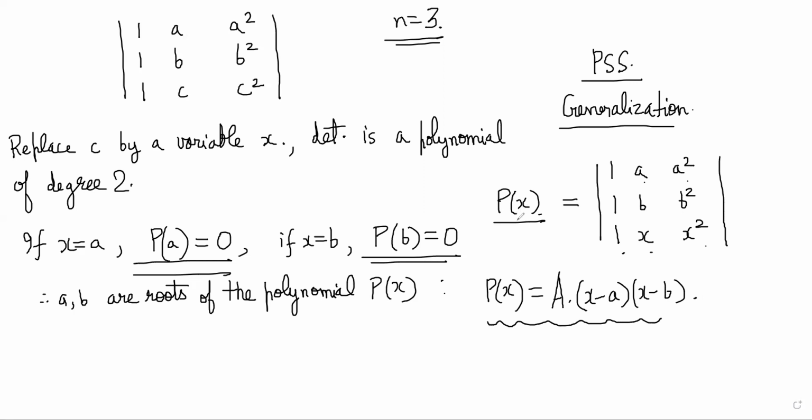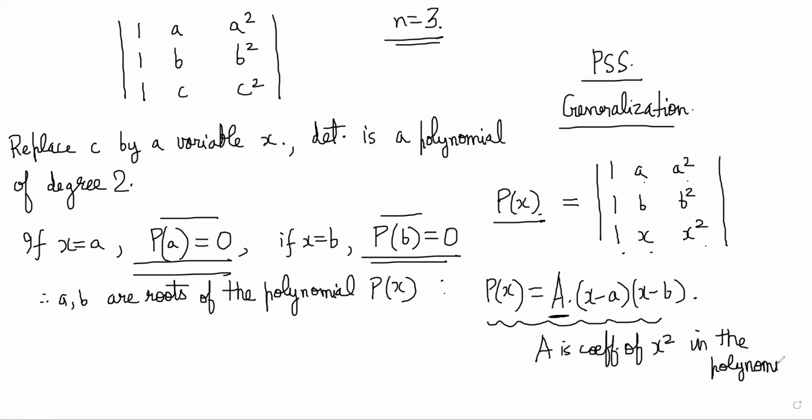If it is a quadratic polynomial and we already know the two roots, obviously we can write the polynomial like this, right? Now, how do I determine the coefficient A here? If you see, A is the coefficient of x square in the polynomial, right?